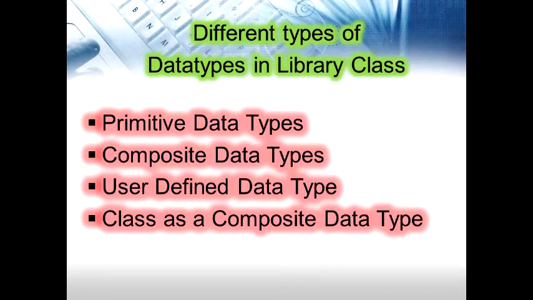The class can also be considered as a new data type created by the user that has its own functionalities. The classes allow these user-defined types to be used in the program. So these are the 4 different types of data types used in library classes.